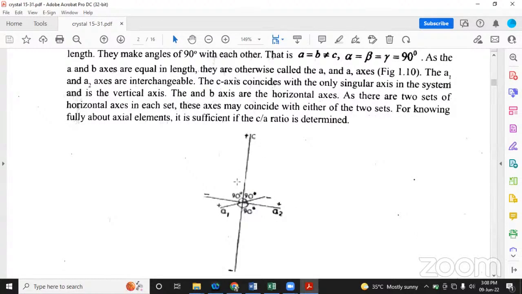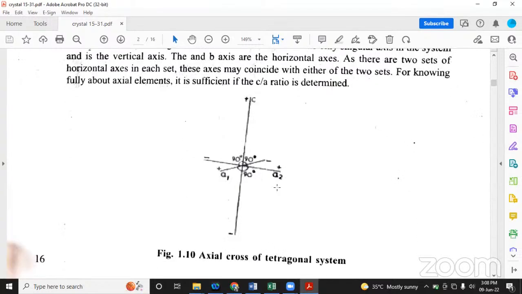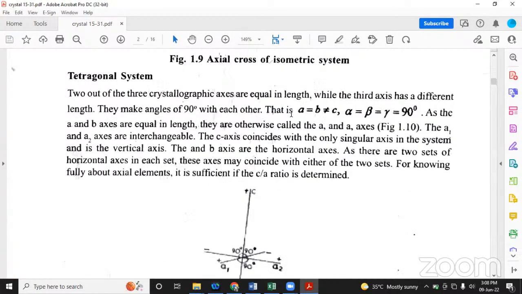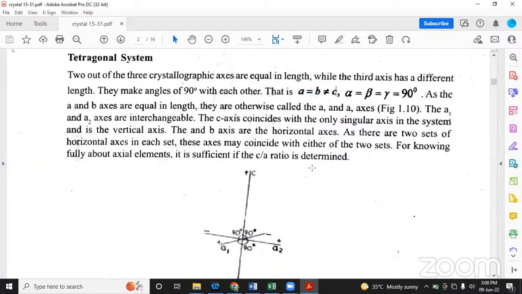That's the horizontal axis. A1 equals A2, this is A1, this is A2, and C is not equal to them. These two are the same, C is different. The angle is the same but the length is different.